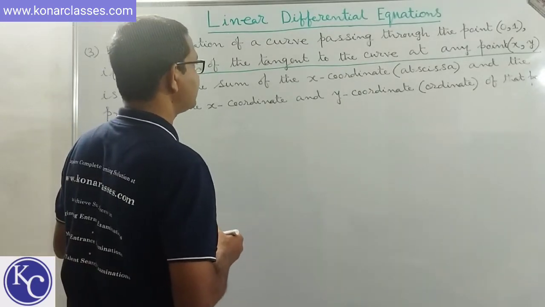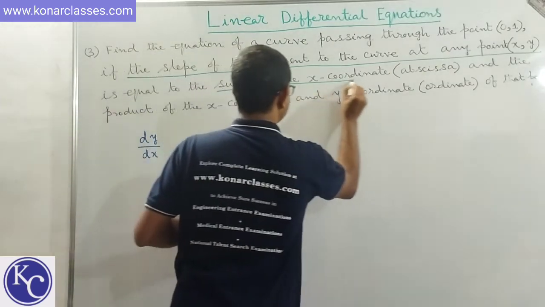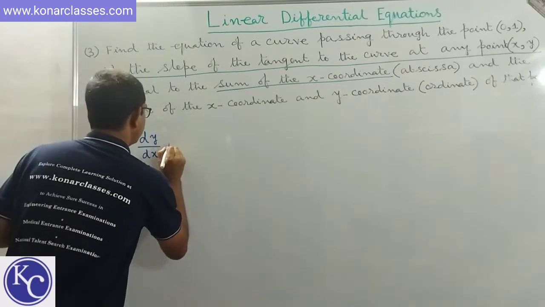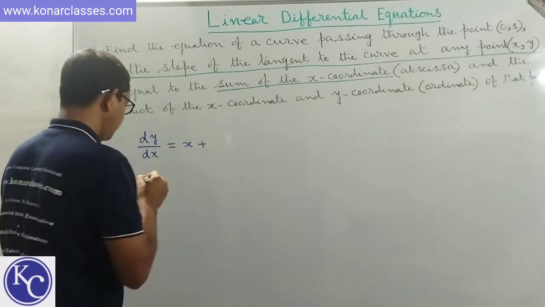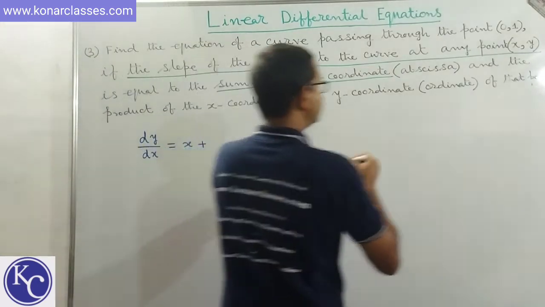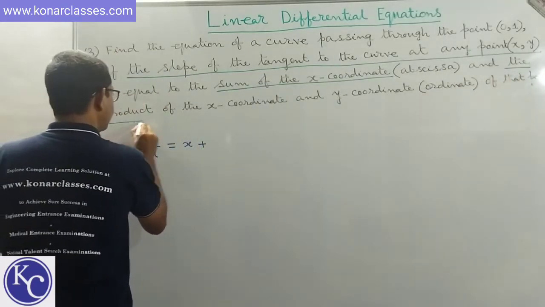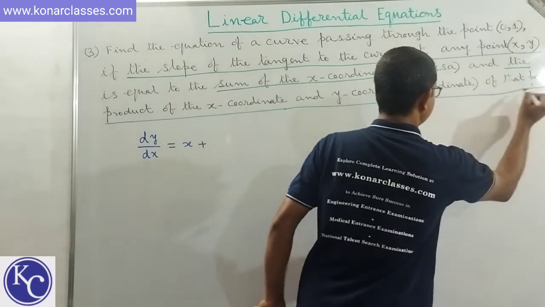Now that dy dx is equal to the sum of the x coordinate, that means as I proceed, let me write it down. The x coordinate is x, plus, because of sum I wrote the plus, and the product of the x coordinate and y coordinate of that point.